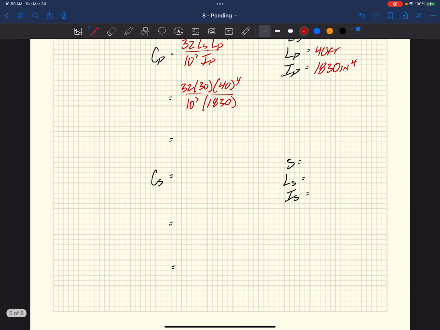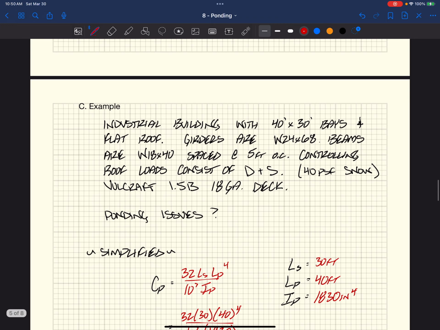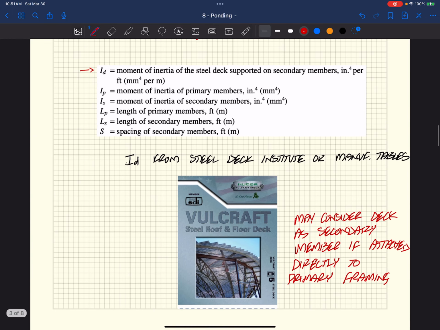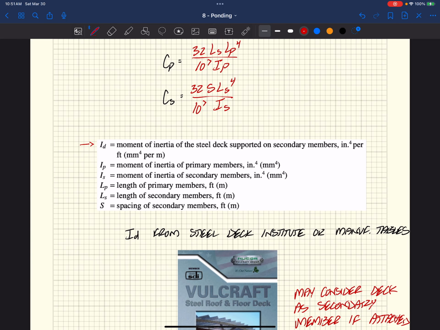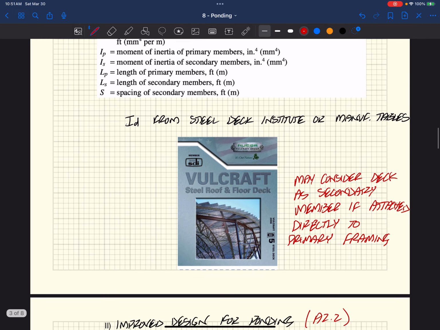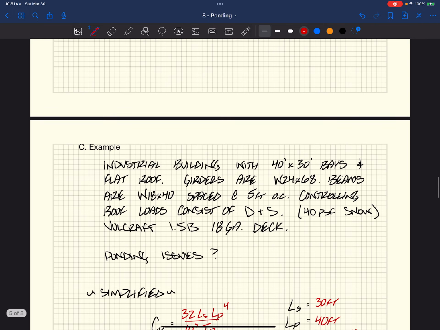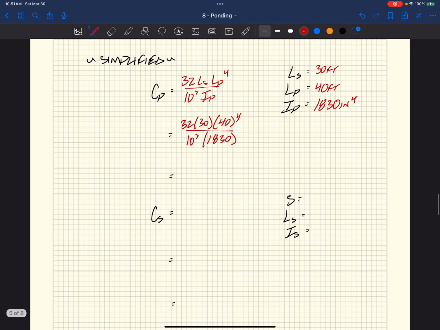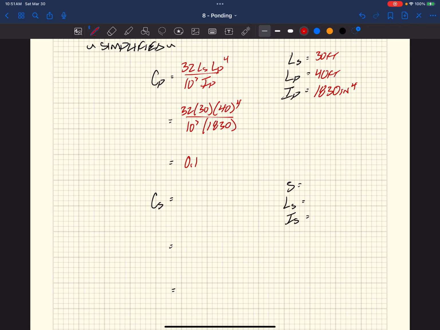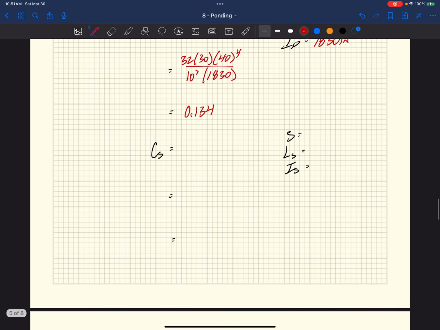Making sure you use the units that they specify up here out of ASCE, right? So our lengths are in feet, our spacing of members are in feet, and our moments of inertia are all in inches to the 4th. So that ends up with 0.134.